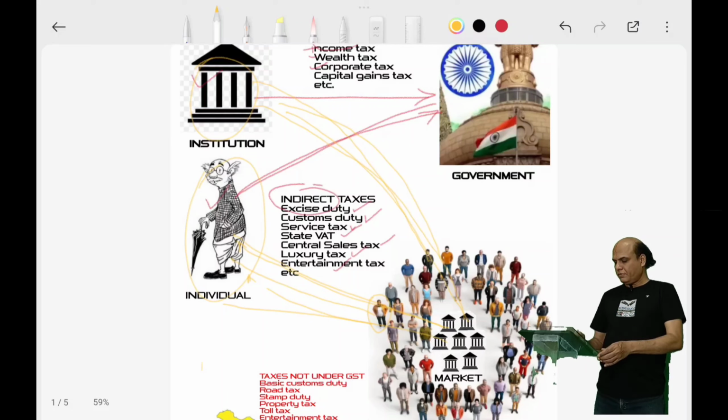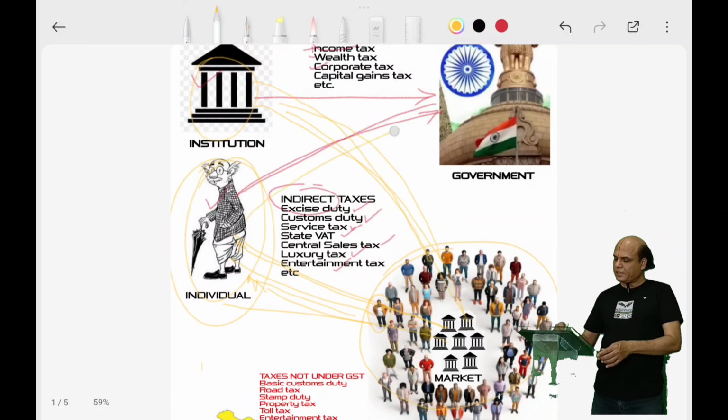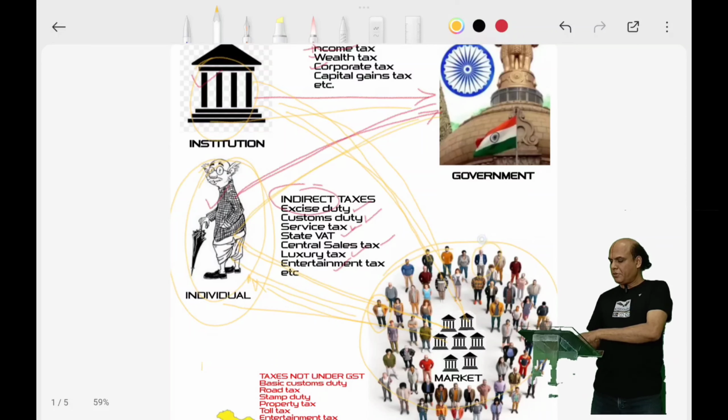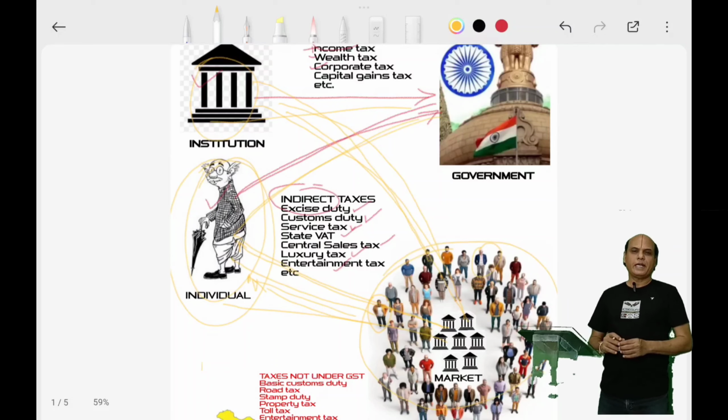It is the responsibility of the individual or institution to eventually pay these collected taxes to the government, because these are not directly paid by the consumer to the government, somebody else is paying. These are called indirect taxes.